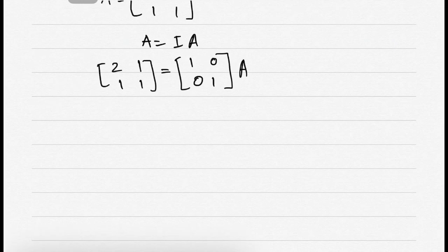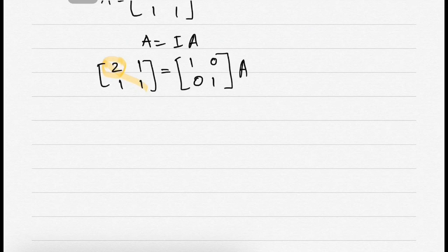Now, starting with the diagonal element 2, we will make all the elements below this 2 zero and will make this 2 as 1. 2 will be called the pivot element.